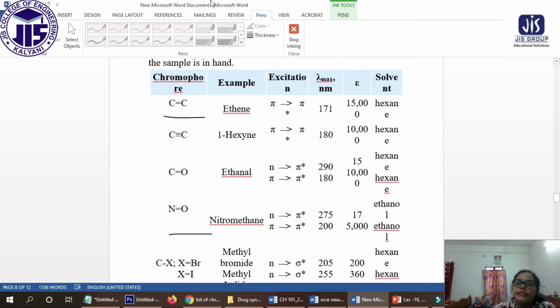So this is a list of some functional groups, the types of transitions they show, the wavelength of that transition, and the epsilon value, and the solvent is hexane or ethanol in all cases.